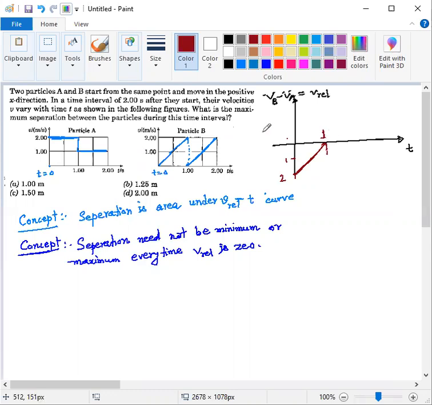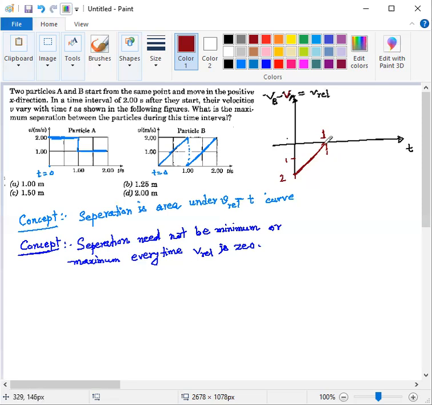After that, during the time interval 1 to 2 seconds, again we have to find the relative velocity, which is something different. For the time interval from 1 to 2 seconds, the relative velocity is this portion minus this portion.